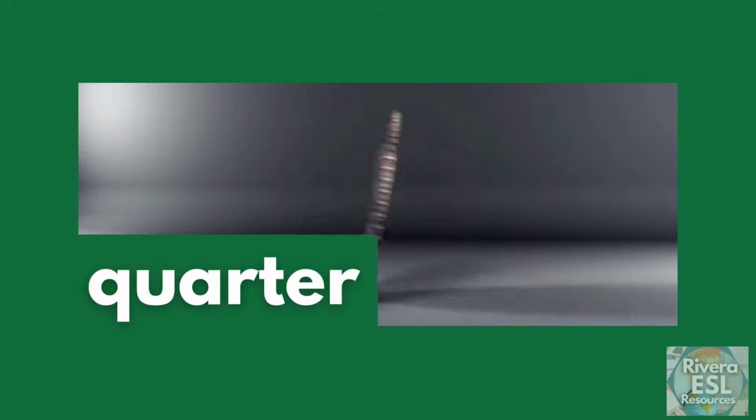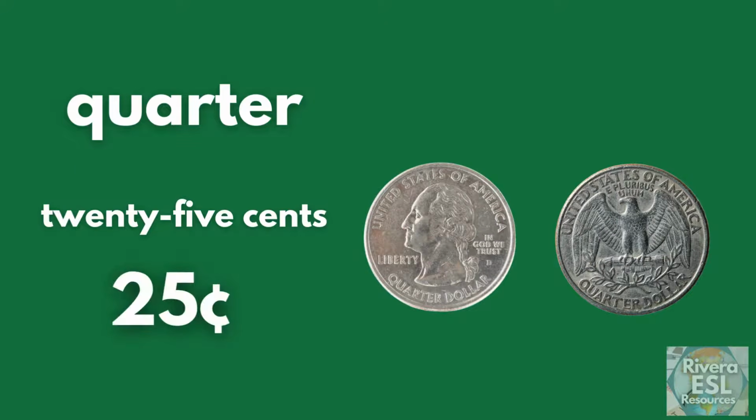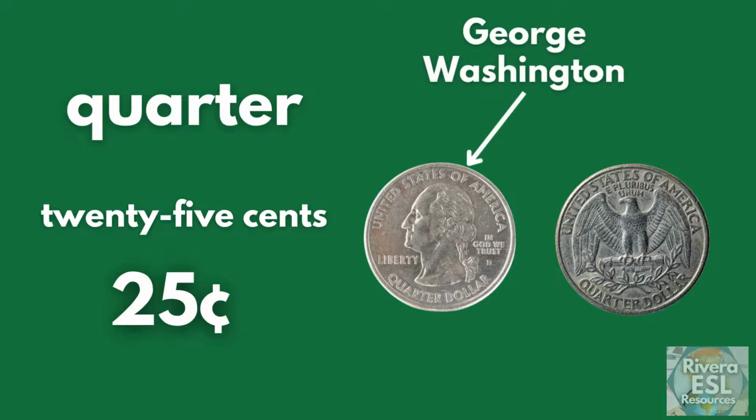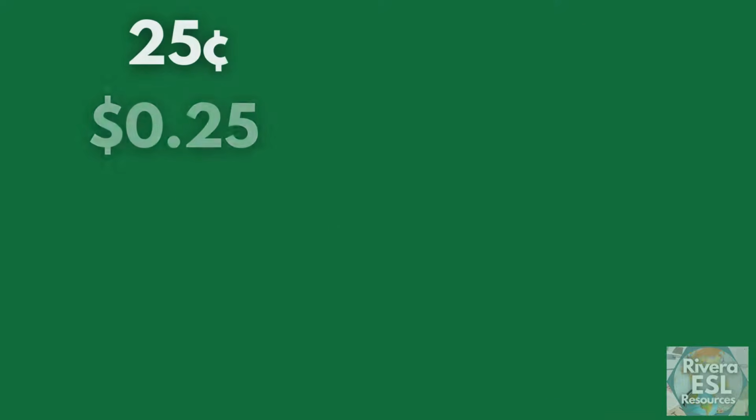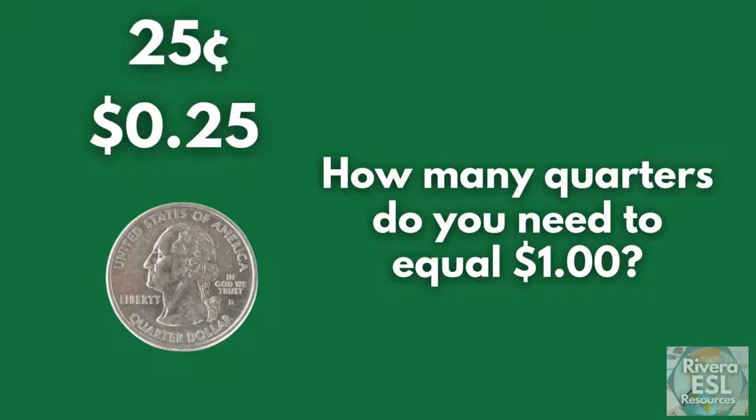Quarter. The quarter is worth 25 cents. On it, you will see George Washington on one side and an eagle on the other side. If a quarter is worth 25 cents, how many quarters do you need to equal $1?